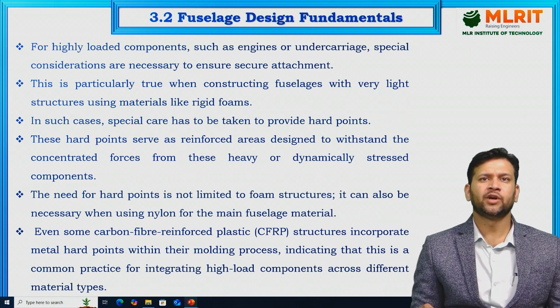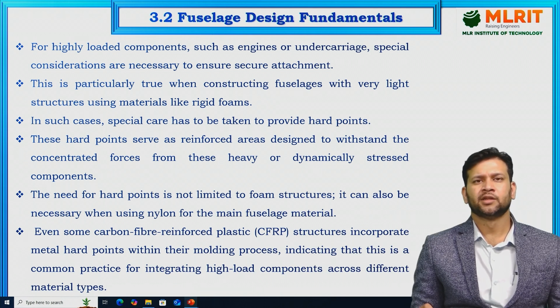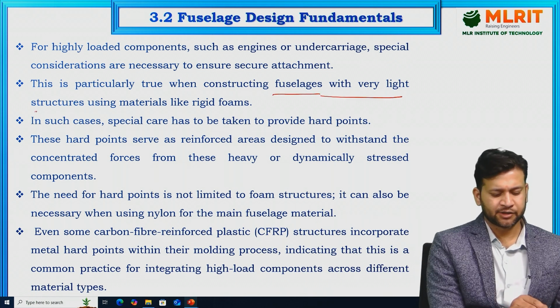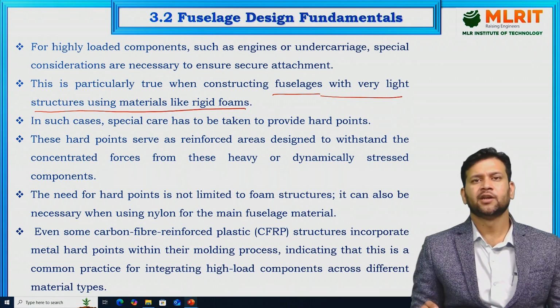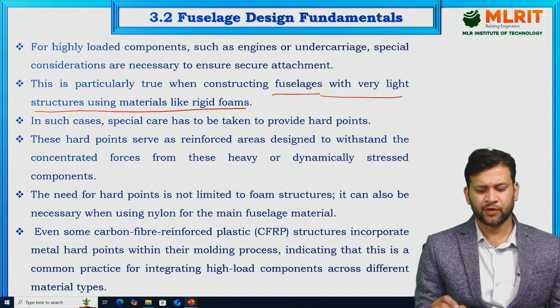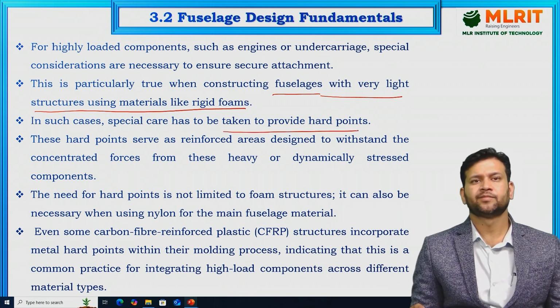For highly loaded components such as engines or undercarriage, special considerations are necessary to ensure secure attachment. This is particularly true when constructing fuselages with very light structures using materials like rigid foams. In such cases, special care has to be taken to provide hard points.